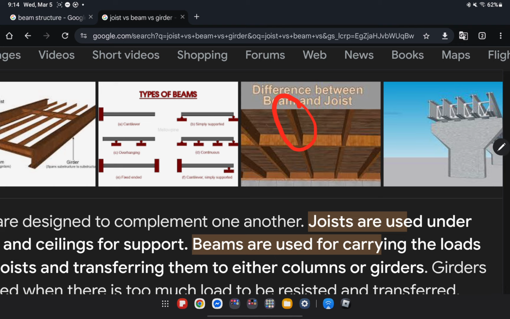Still, it follows the same concept as that of a beam, since the load is located perpendicular to its axis, something like this. Okay.